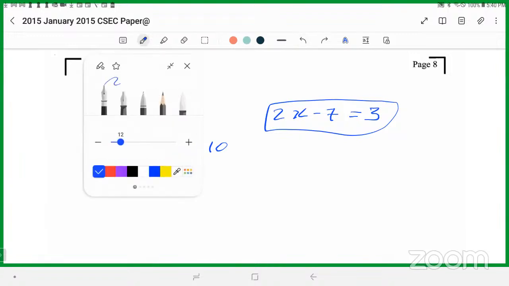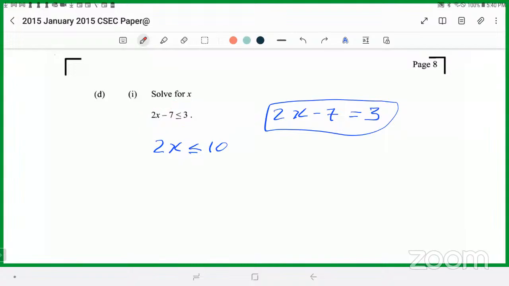Let me write what we did. First, up here, we added 7 to both sides. Make it better. We added 7 to both sides to go from this to that. Plus 7. And then from here, we're going to divide by 2, to go from this to this now.